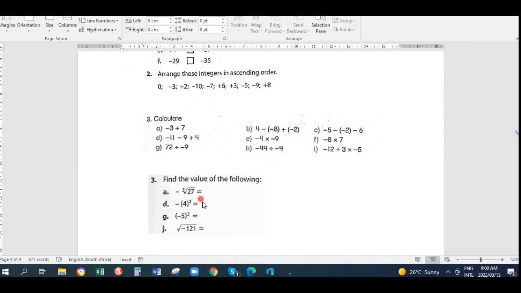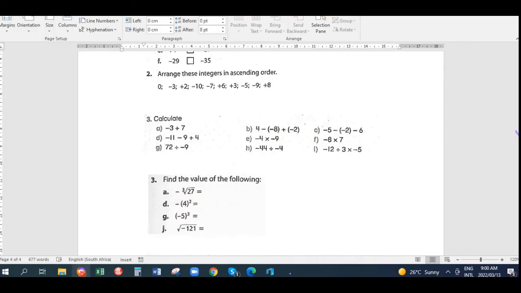Now we're working with cube roots, cubes, squares and square roots. These too we can do with the calculator. So the cube root of 27 asks: what number multiplied by itself 3 times will give you 27? The answer is 3, because 3 times 3 times 3 gives you 27.